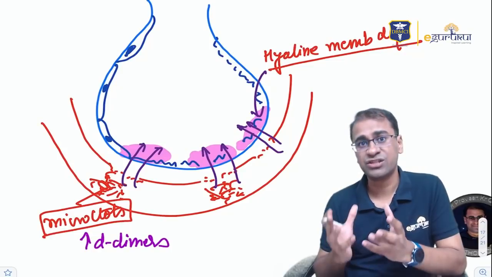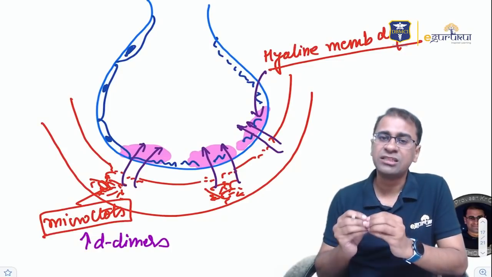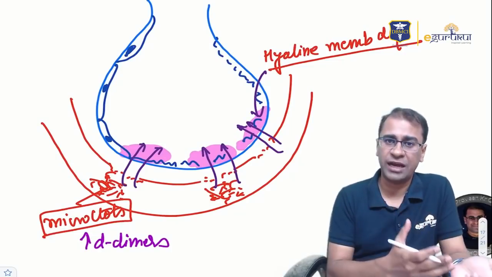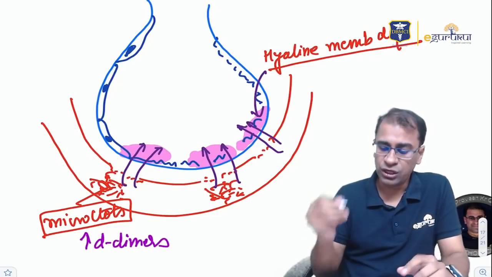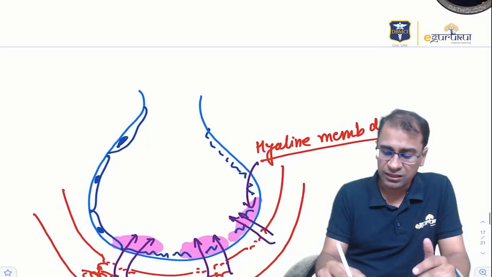Now, if you divide the entire event into three parts, the first event is about exudation, destruction. The second event is about proliferation of the type 2 pneumocytes, which will replace the type 1 pneumocytes. And the third event will be fibrosis.